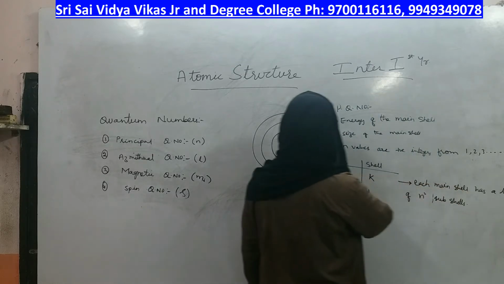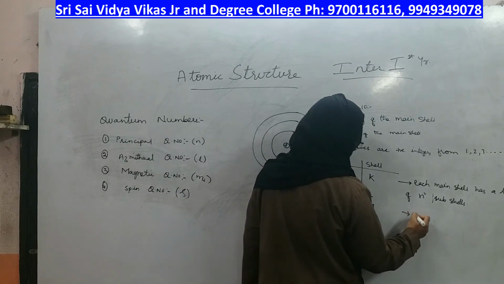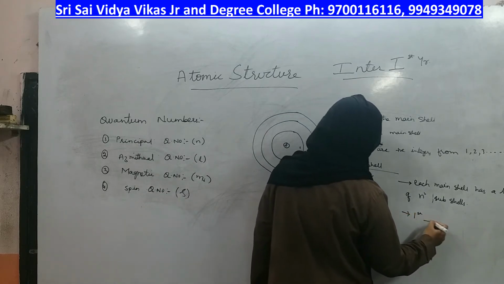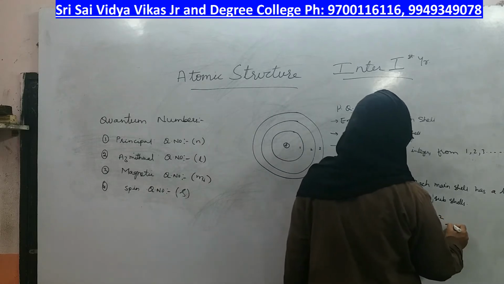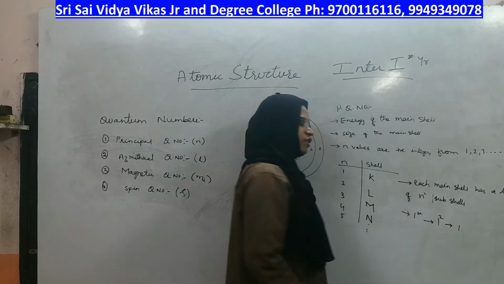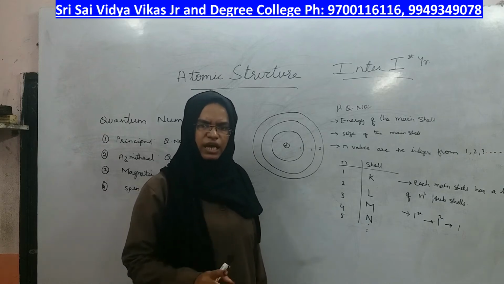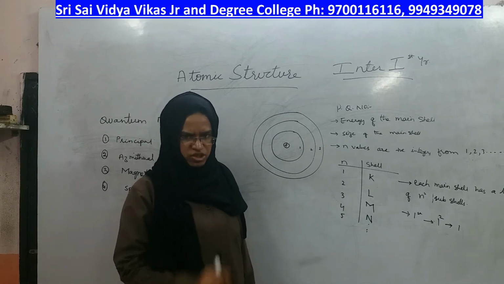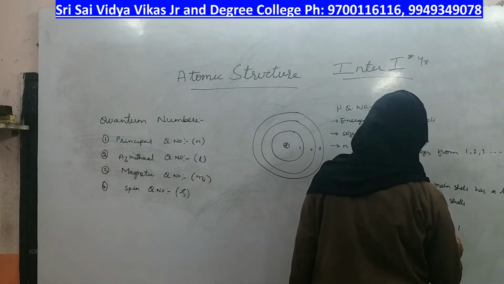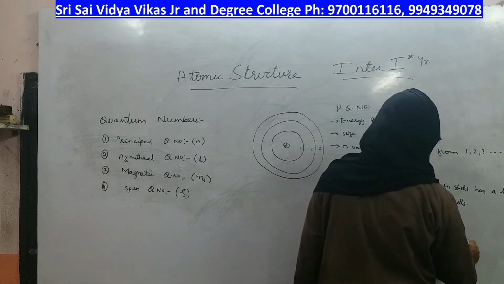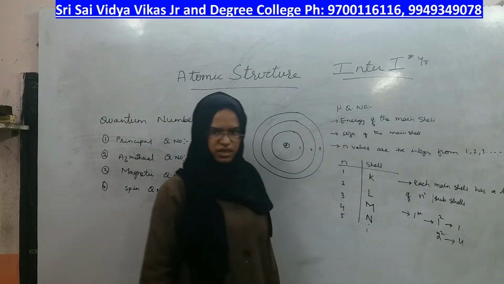That means first main shell has how many subshells? 1 square, meaning 1. First main shell has only 1 subshell. Second main shell has 4 subshells inside it.